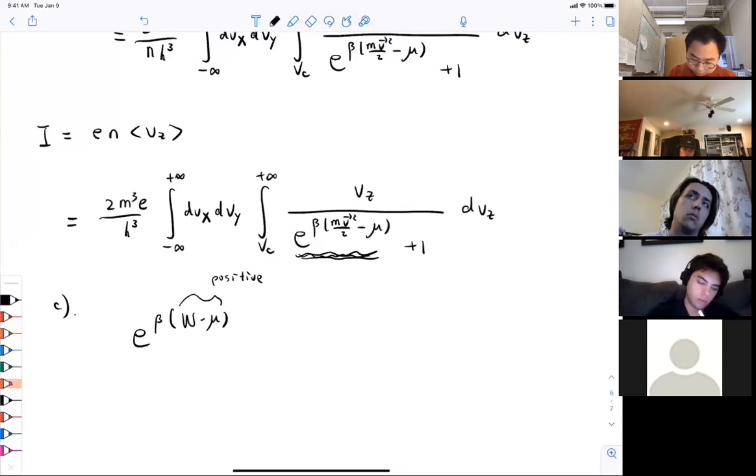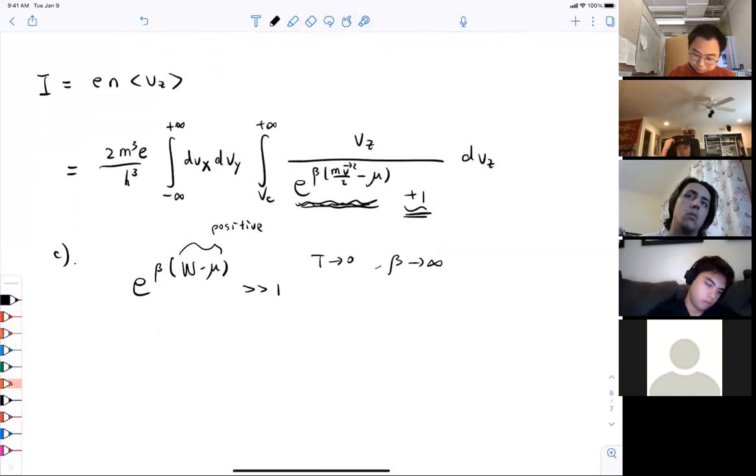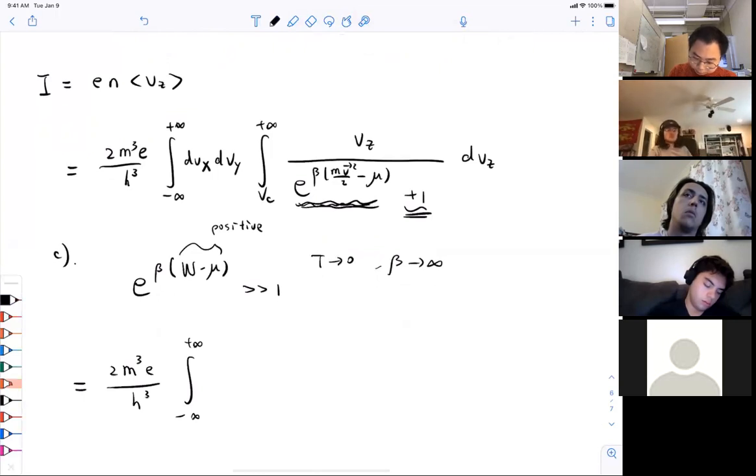That means when temperature goes to 0 or beta goes to infinity, this guy is much, much larger than 1. So we can drop this +1 factor here. Then this integral becomes a Gaussian integral, even though there's some cutoff.